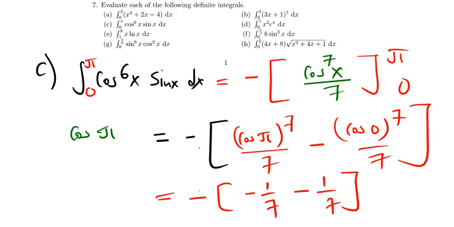Obviously it will be positive at the end of the day because of the negative that is outside. If all my computations are good, then we are good to go. So we have a negative outside, and that's going to be -2 over 7 because we've got a common denominator, and so that just gives us 2 over 7 as our final definite integral.